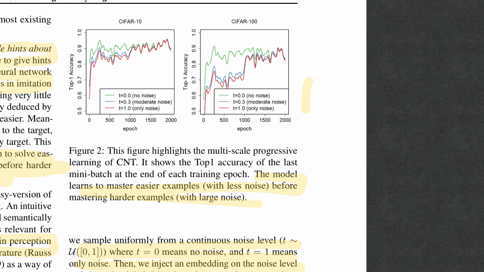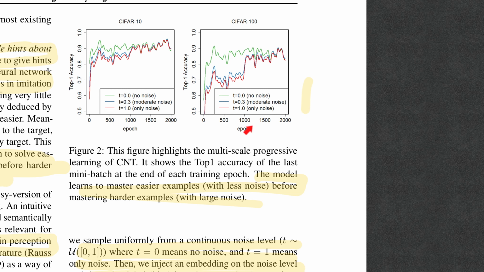This picture here also showcases something. If you, for example, take CIFAR-100, and take the top 1 and top 5 accuracy, the green one is the no noise examples, in other words, forcefully easy examples, and the other goes all the way to 1, which is just usual, no hint about the system.